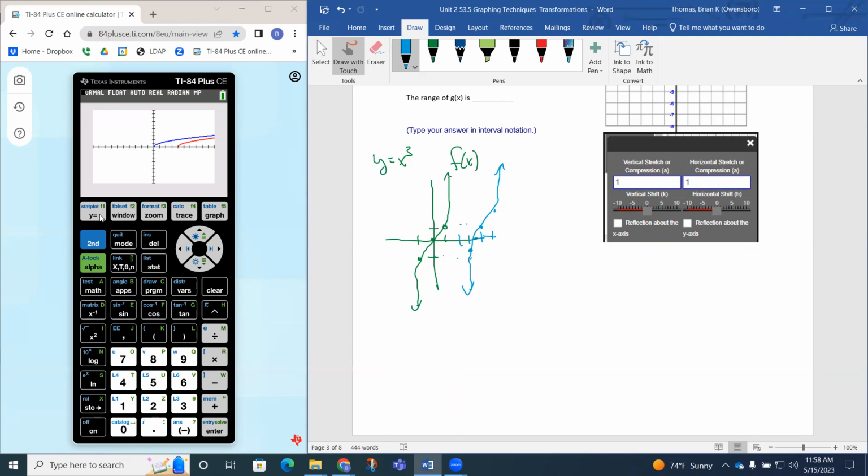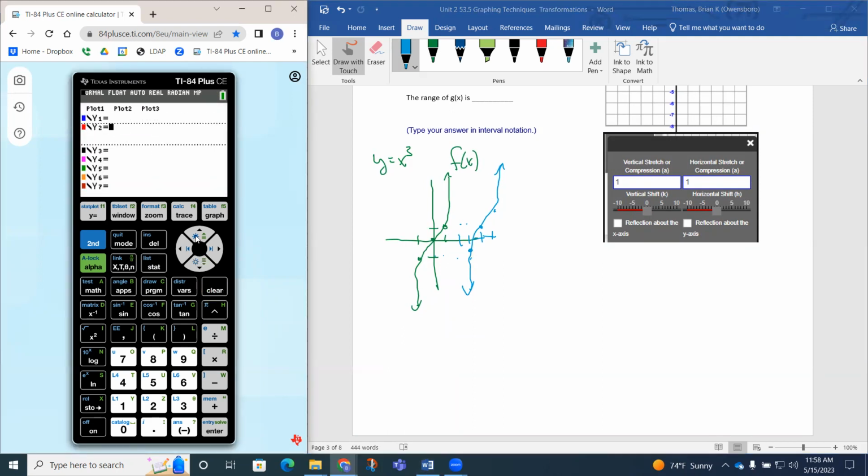So if I graph these two on the calculator, clear and clear, we have x cubed goes in. Then we have x minus 4 inside, cubed.